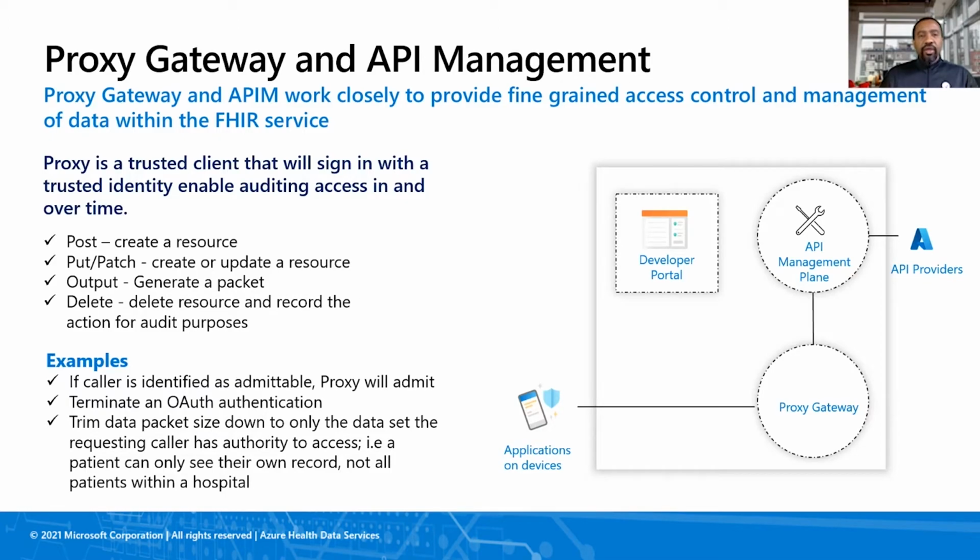One of the additional things that customers have asked for and why we're moving forward with API management is the simple fact that FHIR Proxy, while the underlying services, API, Azure Functions, and Azure App Services are fully embraced by the Microsoft platform, some of the content routing capabilities are really covered by the OSS nature of FHIR Proxy.